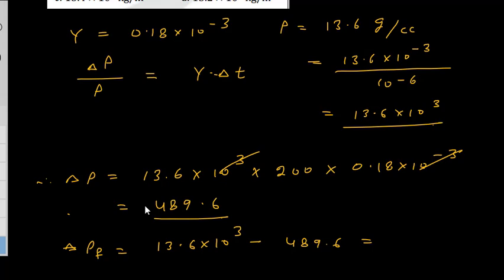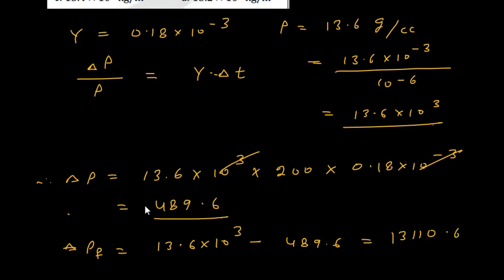So your final density is equal to 13.6 into 10 raised to 3 minus 489.6. This gives us the answer as 13110.4 kg per meter cube.